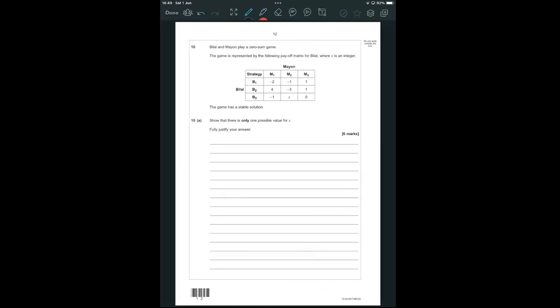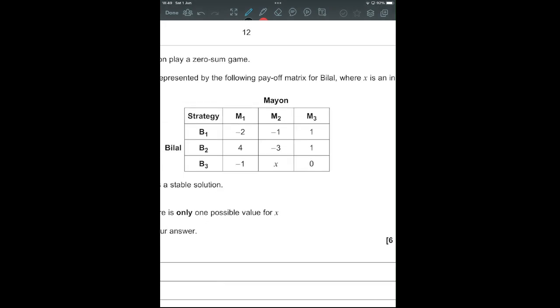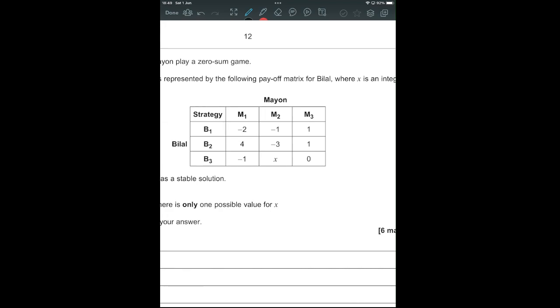Question 10, game theory. The game represented for Bilal, x is an integer. It has a stable solution, so there's only one possible value for x. So to have a stable solution, our minimax and maximin have to match up.